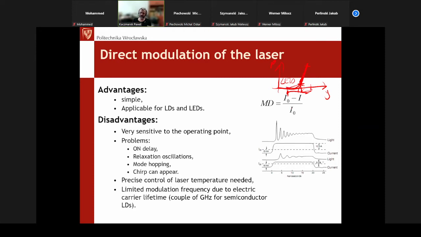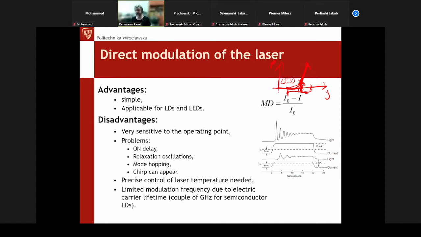So we'll have much slower modulation in such a case. To modulate the laser fast enough for high speed modulation purposes, we need to modulate the laser in the area of the laser action above the threshold current.